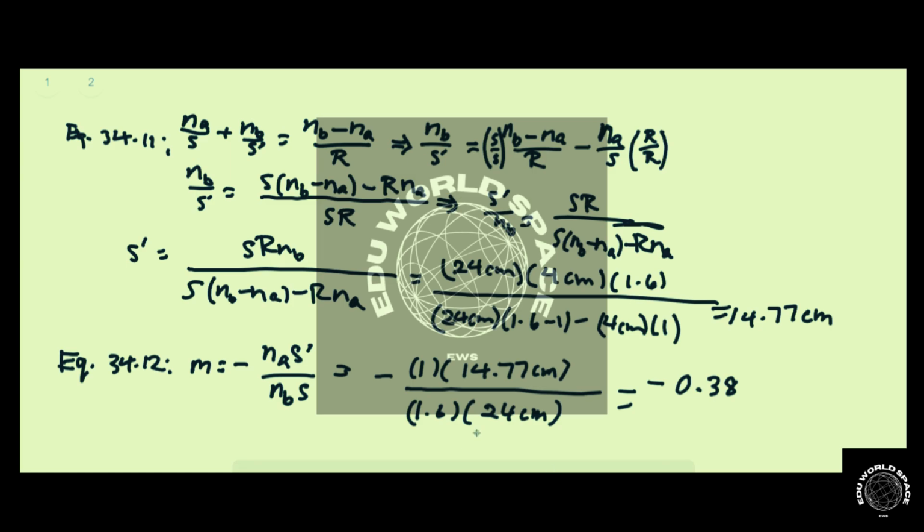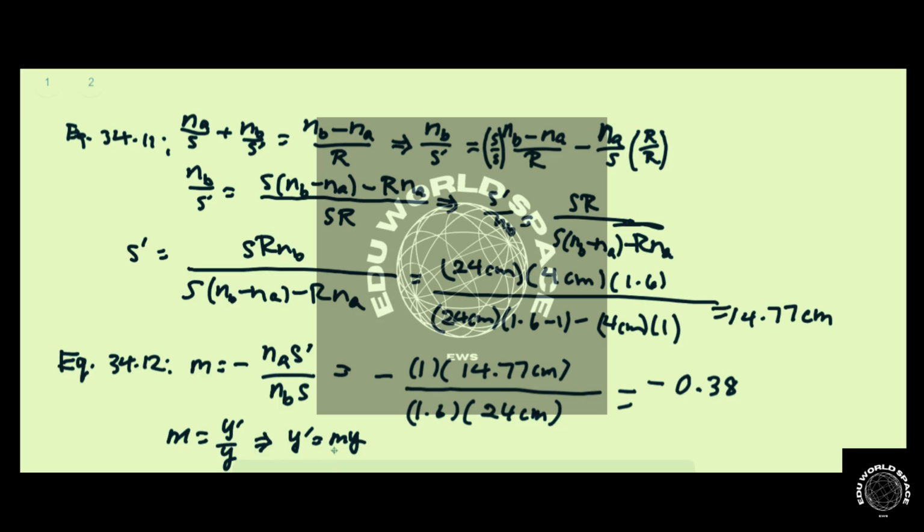Okay, and also in this very same equation, we have m is equal to y prime over y. And we can isolate y prime, so then y prime is equal to m times y.